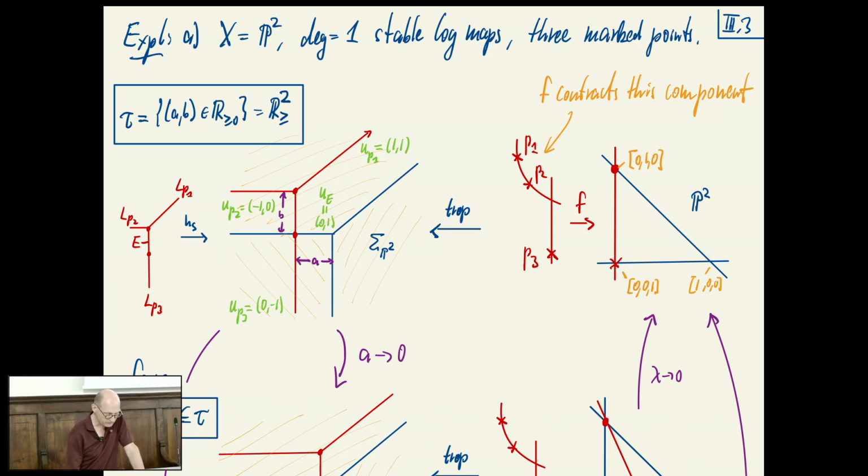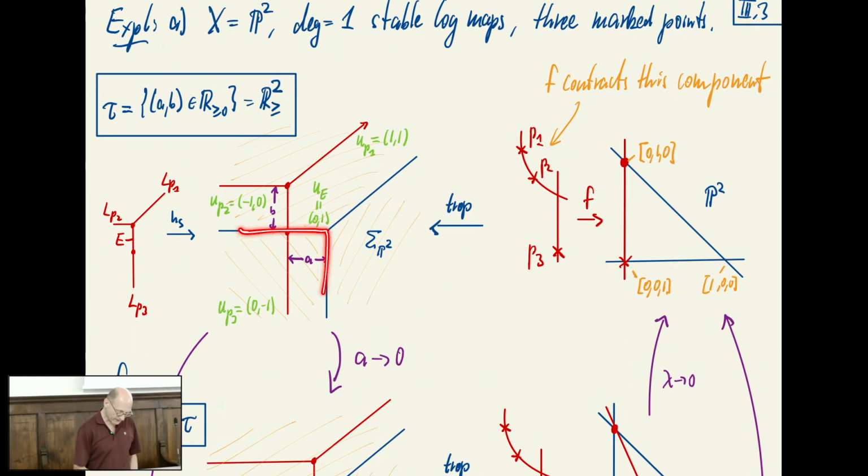So let's draw something tropical and then guess what the stable log map could be. So this is a fan of P2, and I'm drawing what tropical geometers immediately recognize as a tropical line, which is this guy. Now what you see is, unlike in tropical geometry where we just work with R without any decomposition, we have a decomposition of that guy.